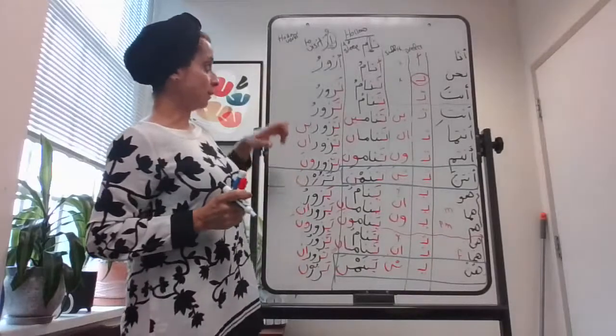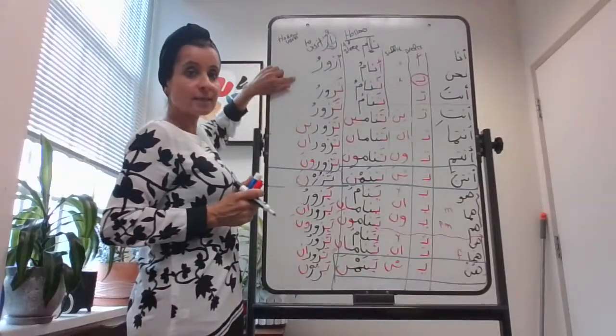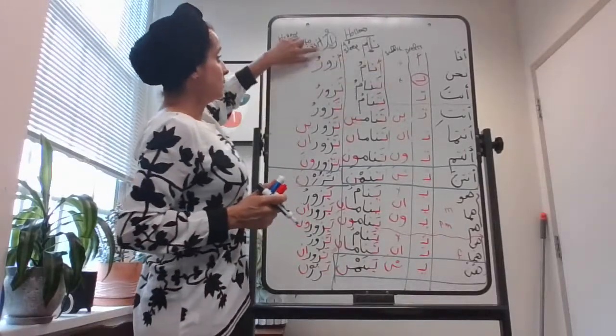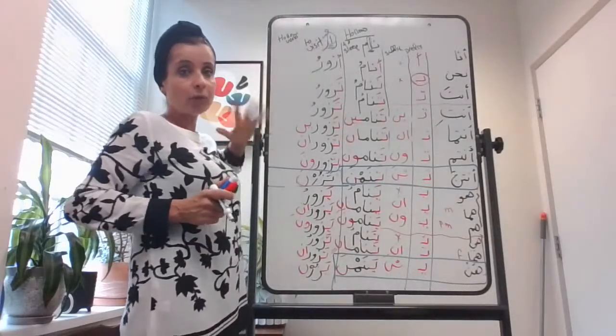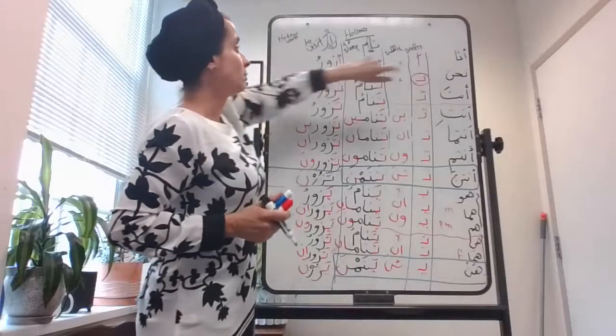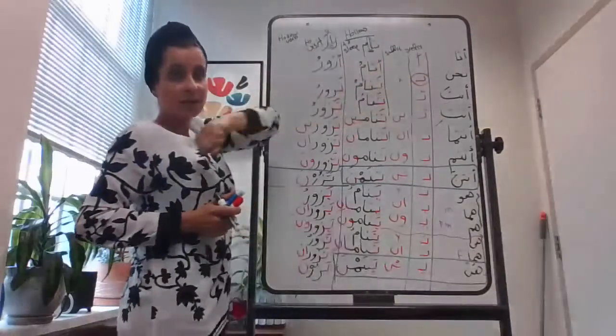So I will read it again. For Zara, the original sound of the alif is waw. So we turn the alif to waw before we conjugate the verb, and then we start adding the prefixes and the suffixes.